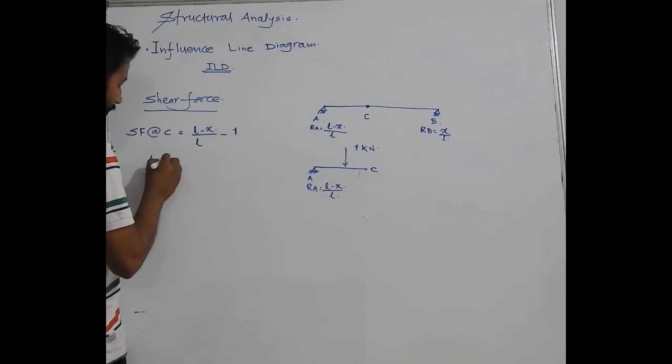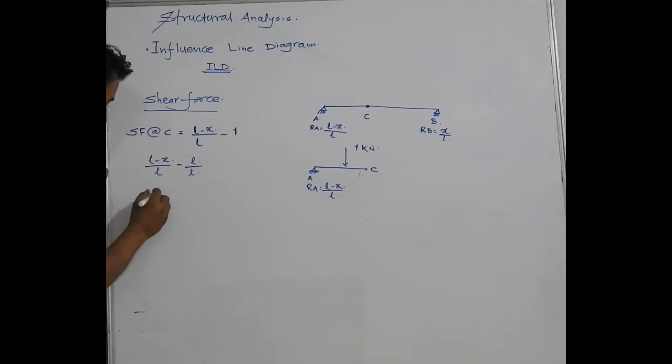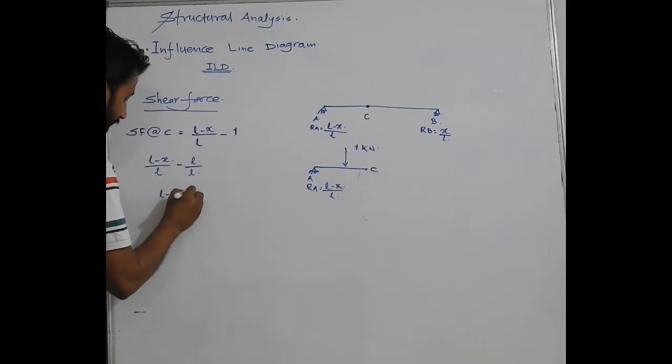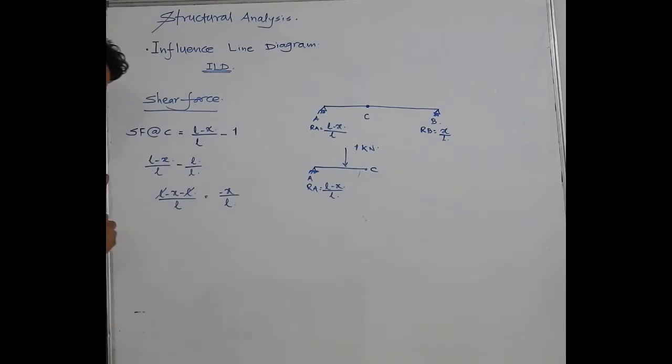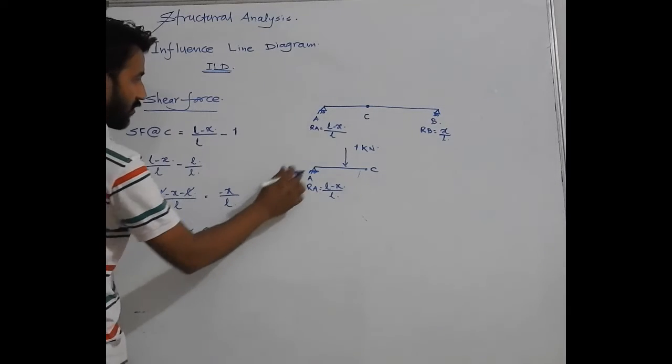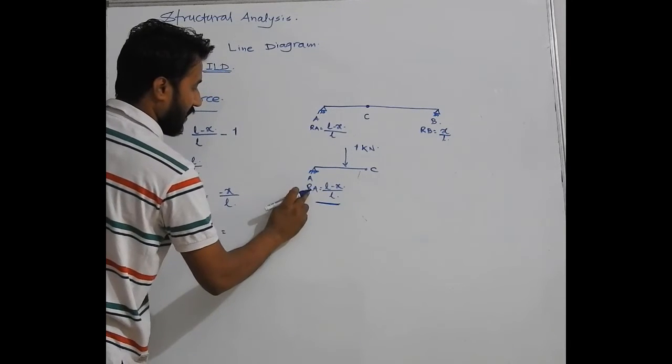So this will be equal to L minus x divided by L minus L by L. Now this is equal to L minus x minus L divided by L. This L will get cancelled, so this will be equal to minus x by L. Now shear force after C: consider this load is moving after C, so only one force will remain over there, RA.